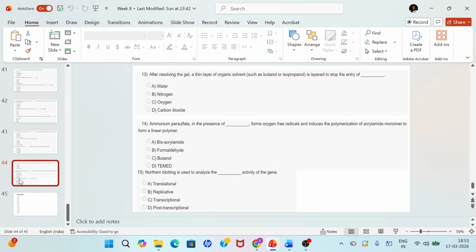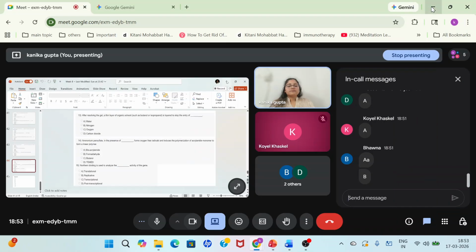Question number 13. After dissolving the gel, a thin layer of organic solvent such as butanol or isopropanol is layered to stop the entry of dash. What is that? Question number 13, everyone.